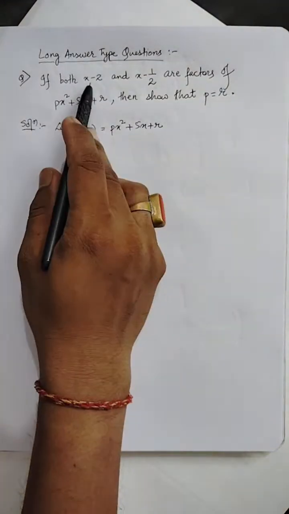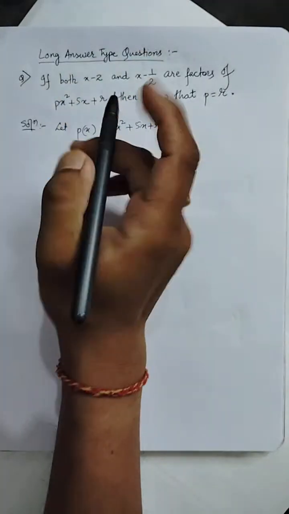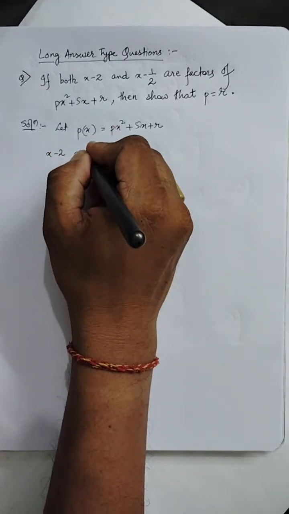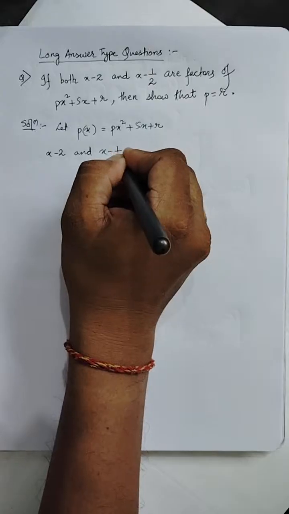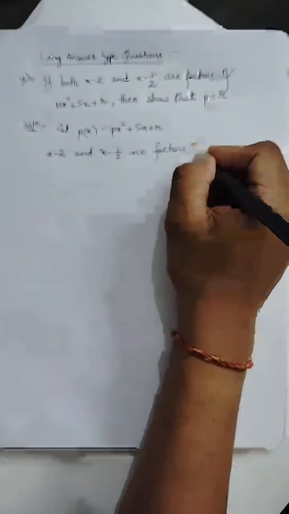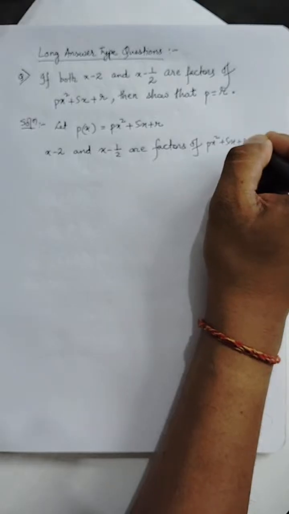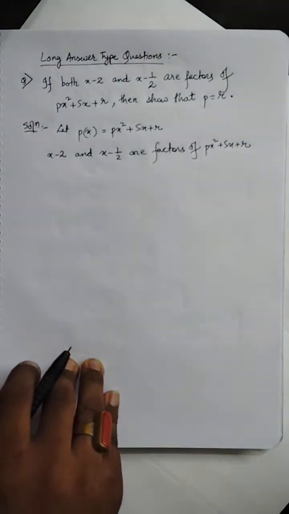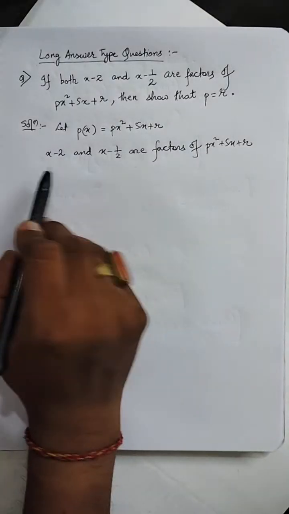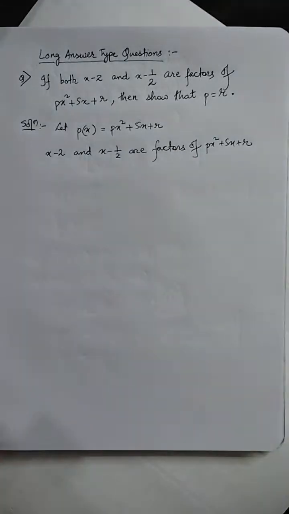So we have x minus 2. We'll just write this information in the solution. X minus 2 and x minus half are factors of px square plus 5x plus r. So if x minus 2 and x minus half are factors, then p(2) will be equal to 0 and p(1/2) will also be equal to 0.